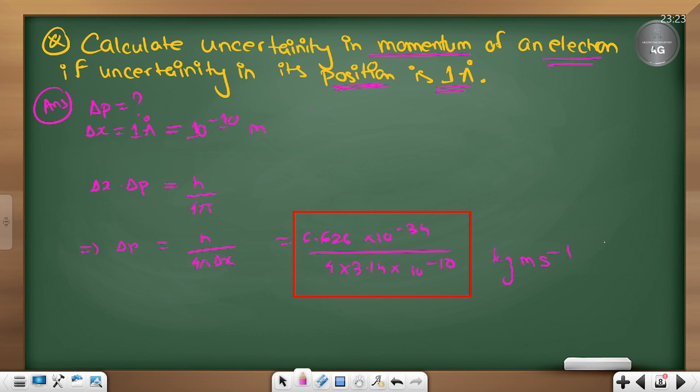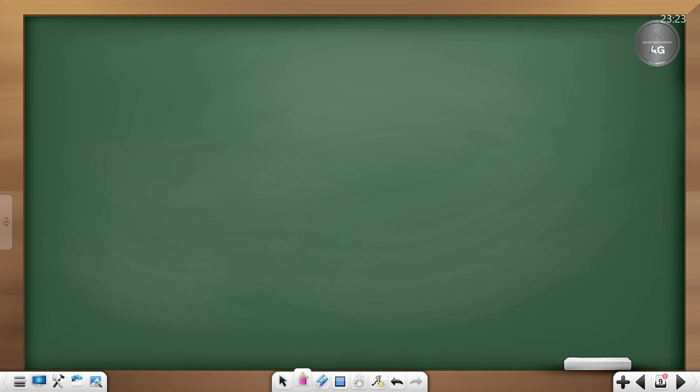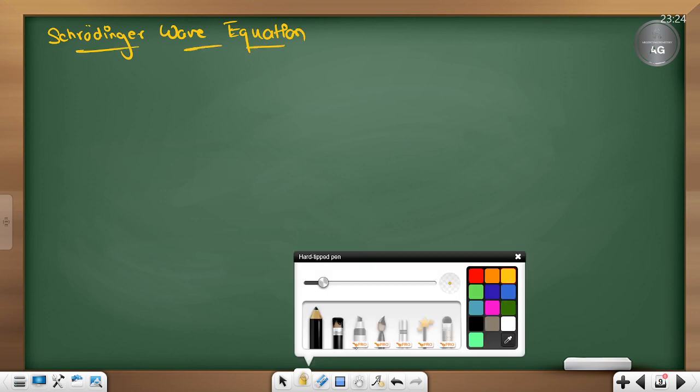Okay, done. Next is the Schrödinger wave equation. Only the equation is to be read for now, so only the equation I am going to discuss.